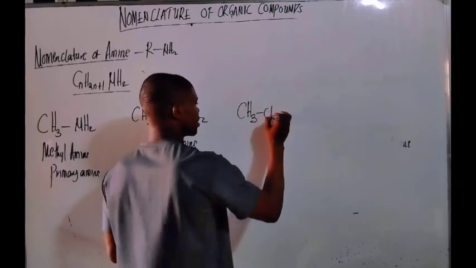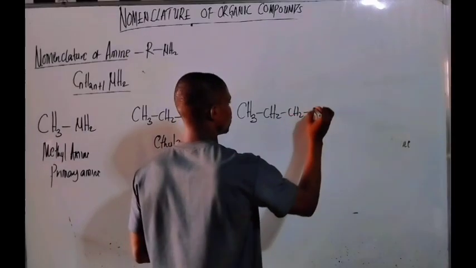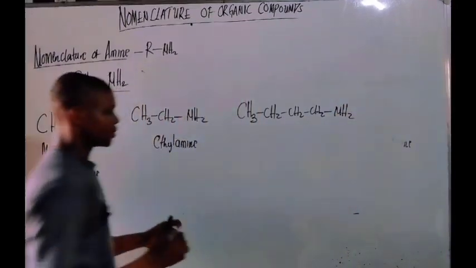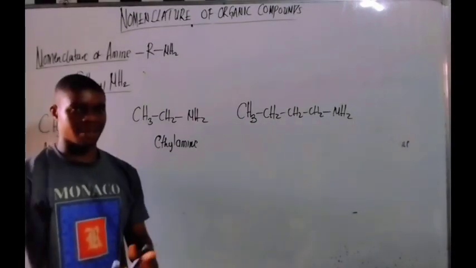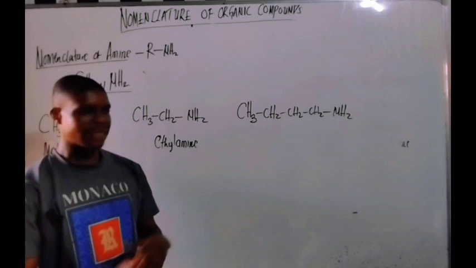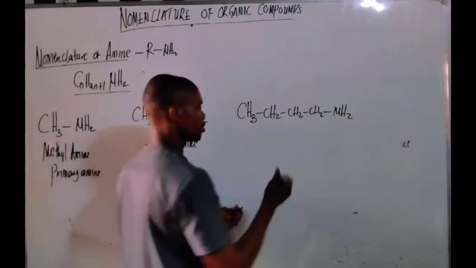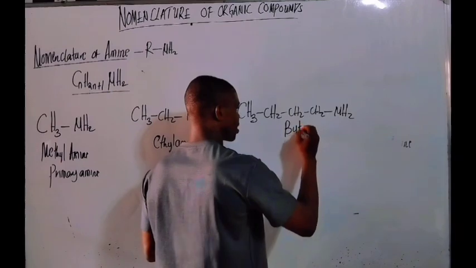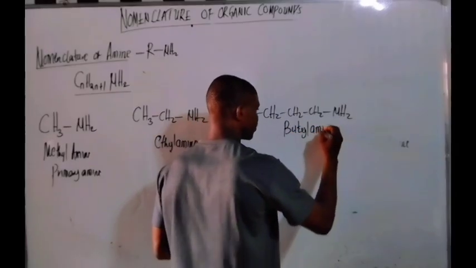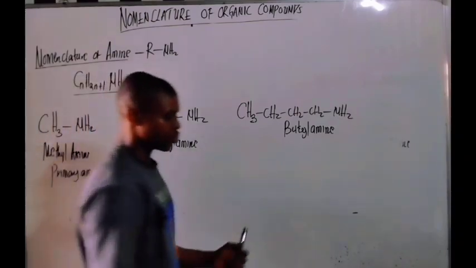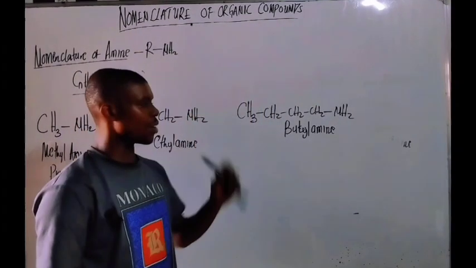CH3, CH2, CH2, CH2. What is the name of this compound? Here we have 1, 2, 3, 4. It's going to be butylamine. As easy as that, butylamine.